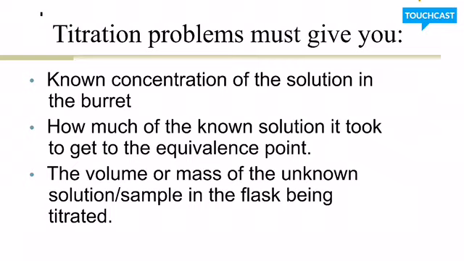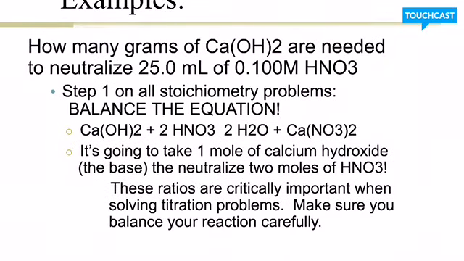Okay, so let's look at an example. How many grams of calcium hydroxide are needed to neutralize 25 milliliters of a 0.100 molar HNO3, that's nitric acid? Step 1, this is the most important piece of your titration problem. You can't solve anything without first analyzing the balanced equation.